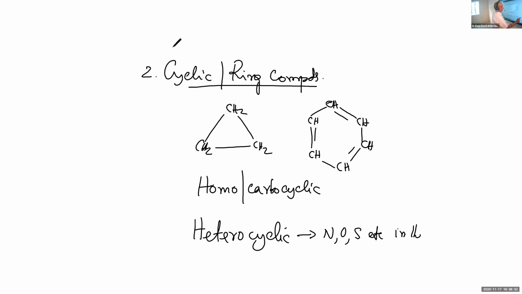In addition to carbon, in the ring there will be nitrogen, oxygen, sulfur, etc. For example, you take a compound furan. This is the structure of furan. It is a cyclic compound, a ring compound.